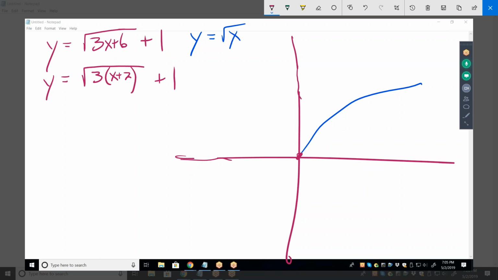Now, we have 3 transformations here. You have this one. What does that do? First of all, is it horizontal or vertical? Vertical. It's inside the function. What does that make it? Horizontal. Okay, so that's horizontal.